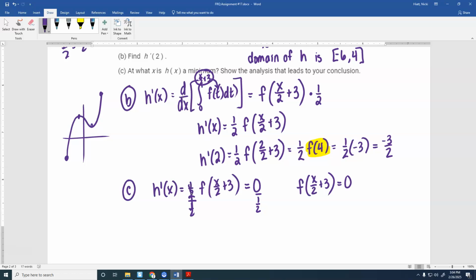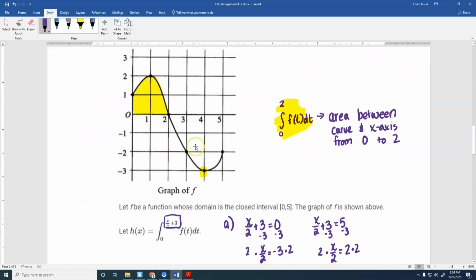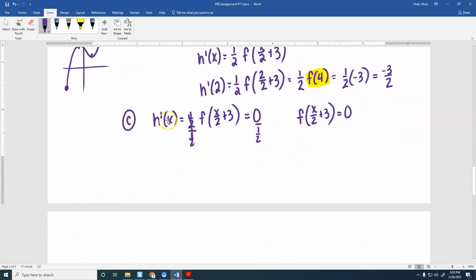Now I could look at where f equals 0, but I have to keep in mind that's not going to be the x coordinate. So where does f equal 0? At 2, so f of 2 equals 0. What equation could I set up that gives me the x value where this derivative equals 0?